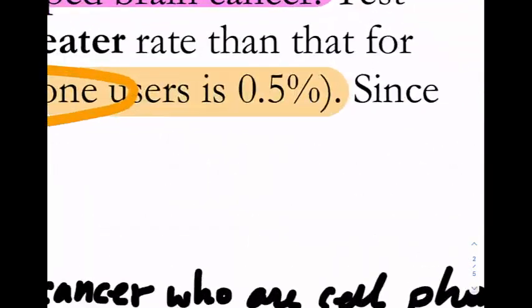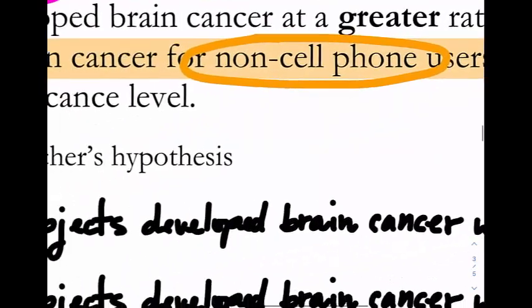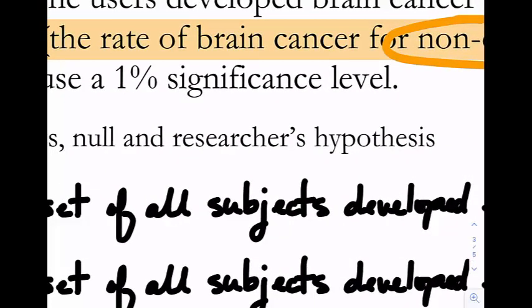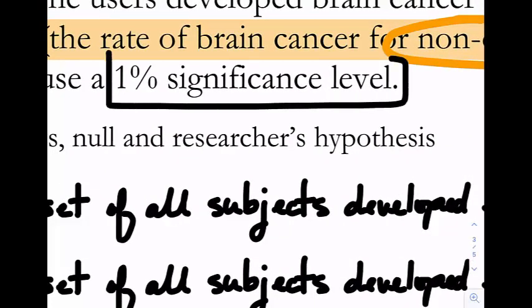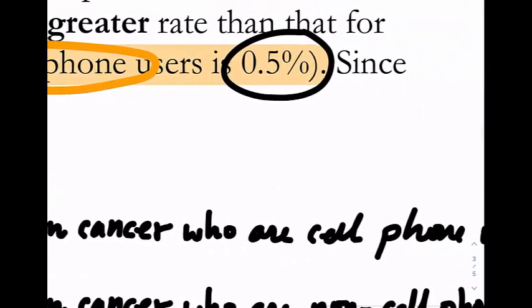So to grab that number that's in that next sentence, this claim given, I know there's a couple of percentages, and that's usually the problem here. One of the percentages is the level of significance, but the other one is going to be the claim. So be careful not to confuse that number with the level of significance, the 1%. That number is alpha, and we'll start to use that in step 3.